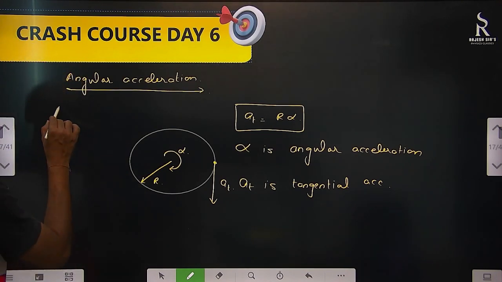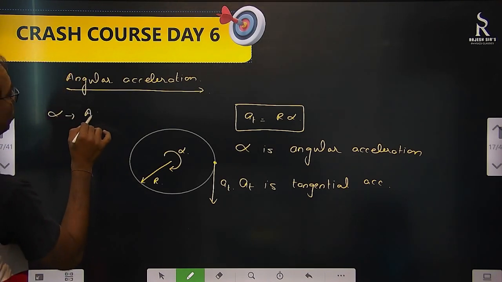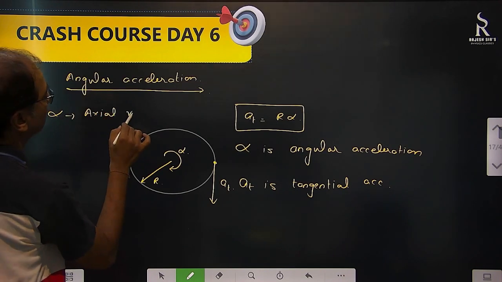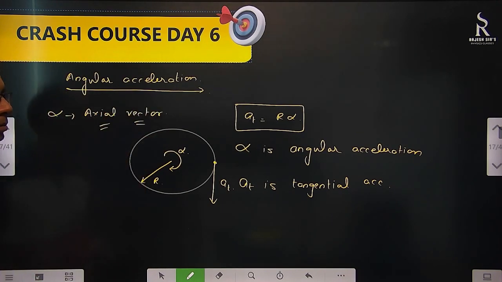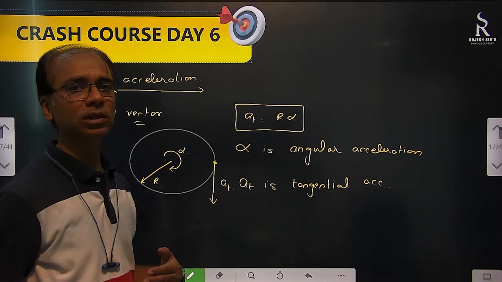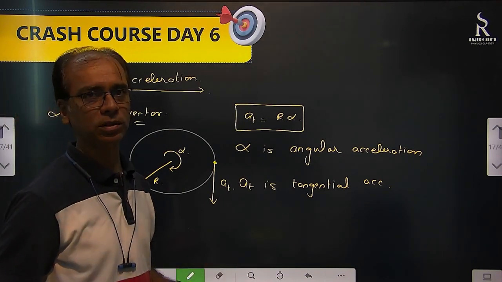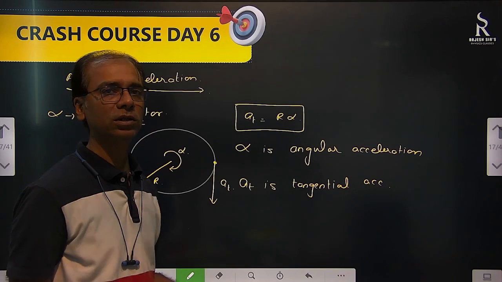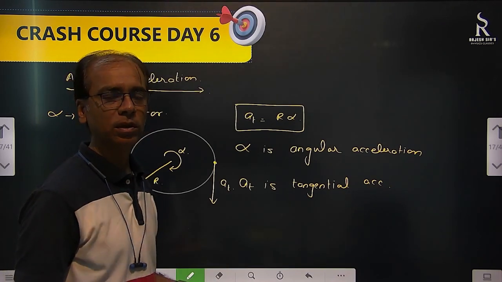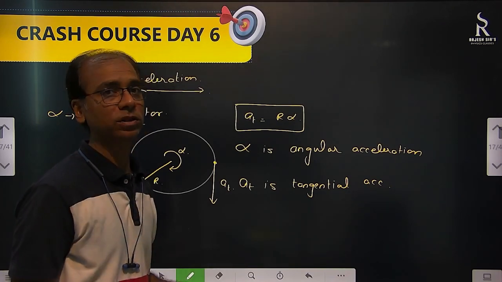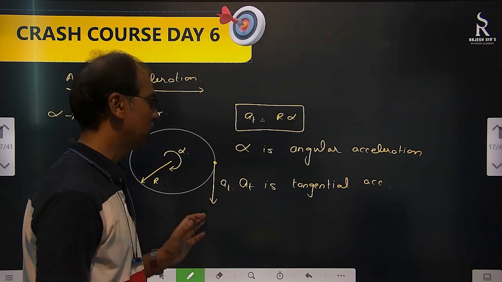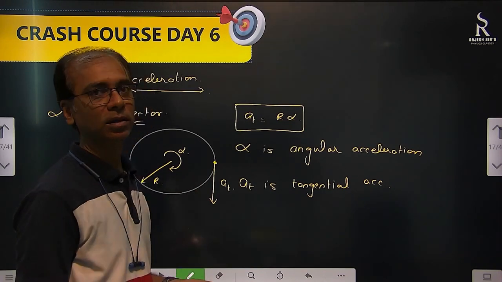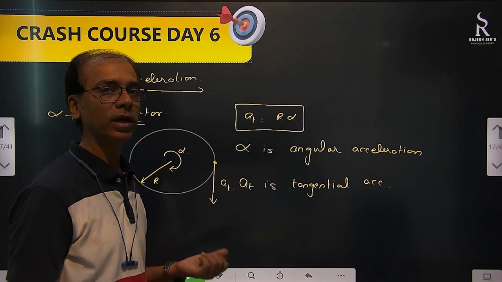Now, as we were doing in kinematics, we said that acceleration is positive depending on whether it's in the direction of velocity or opposite. If it's in the direction of velocity, we'll take acceleration positive. If it's opposite to the direction of velocity, we'll take it negative. Here also the same. If angular acceleration's direction is the same as omega, then it is called acceleration.